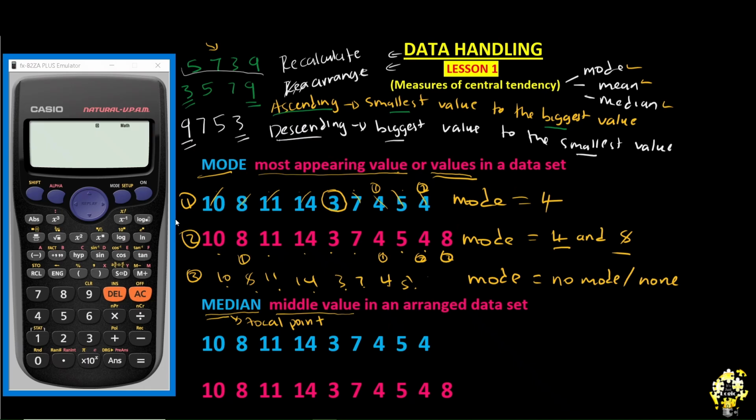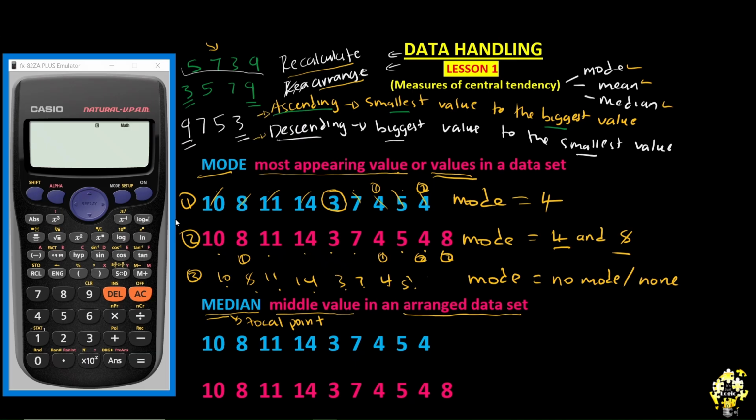Does this mean that 3 is the median? No, it doesn't. Why? Because the definition says it's a middle value in an arranged data set. What does that mean? It takes us back. Remember, I said 2 most important things: you need to recalculate, and you also need to be able to arrange, which I taught you can be done in ascending order.